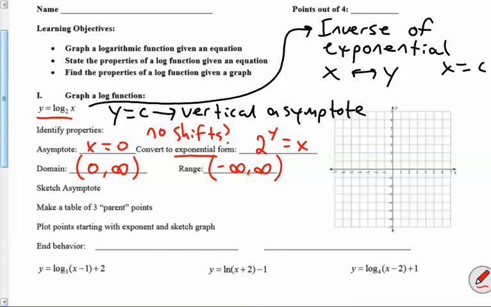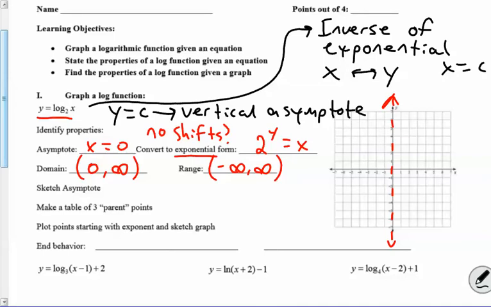Okay? So now you have this basic information. We can sketch the asymptote: x equals 0, vertical asymptote. Make a table of 3 parent points. I have parent in parentheses here because there's not one parent function for logs, the same way with exponentials. Okay?